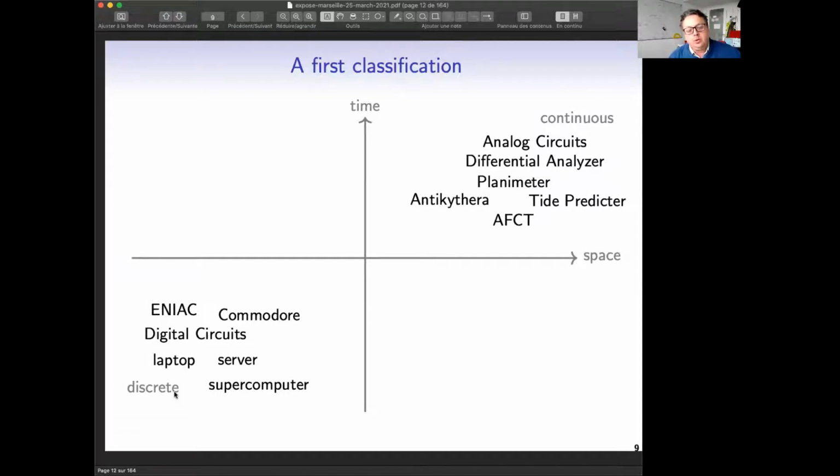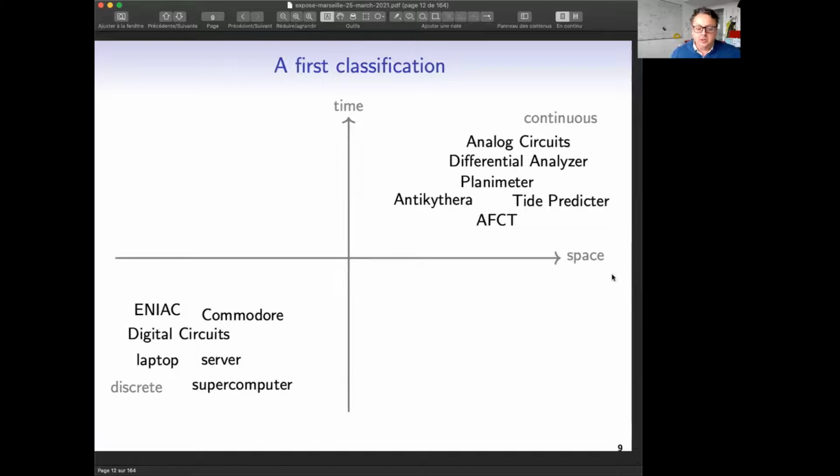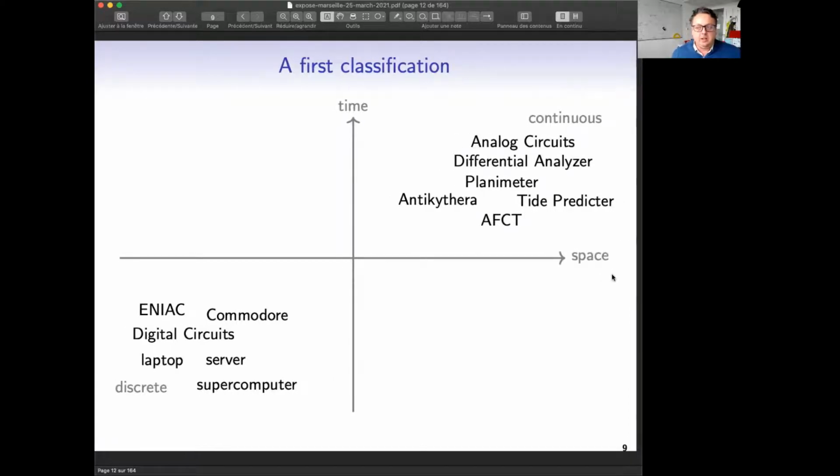But I would also put here some of the other machines I mentioned, some differential analyzers, planimeter, tide predictor here, because there is no clock. The time is continuous. It's evolving according to some continuous dynamic. And the space is continuous in the sense that everything is encoded into continuous values.